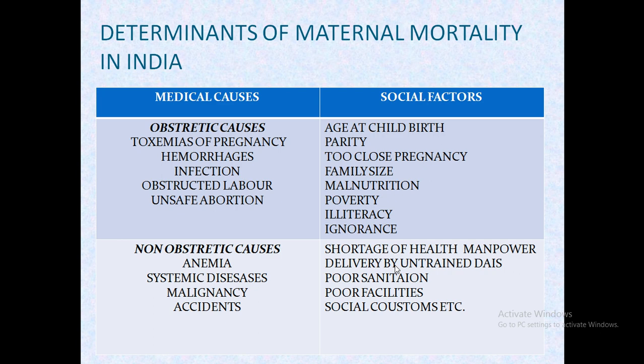Malnutrition, poverty, illiteracy and ignorance, shortage of health manpower, delivery by untrained ayahs during the intranatal period, poor sanitation, poor facilities and social customs. All these things during intranatal care are important causes for maternal mortality.